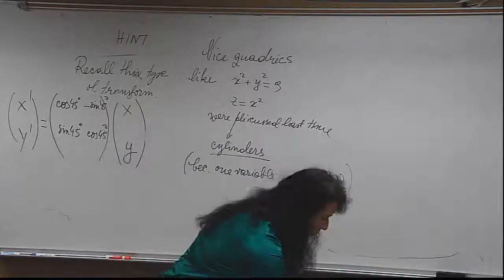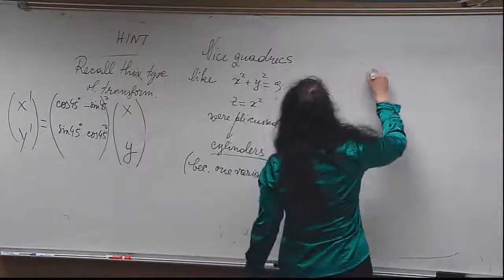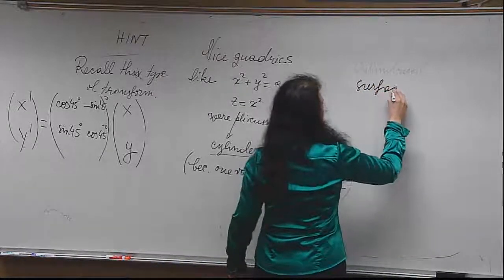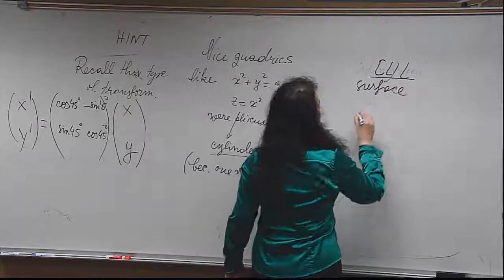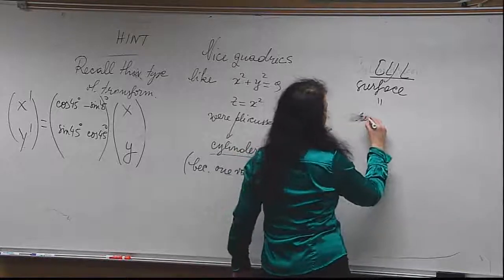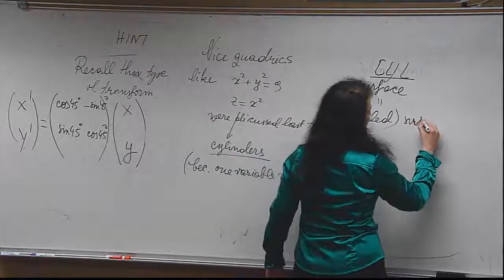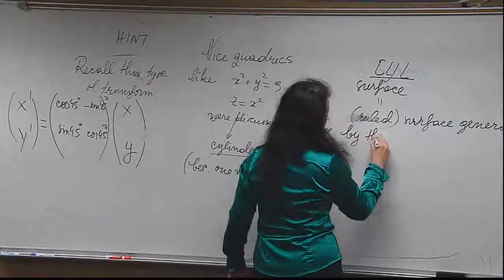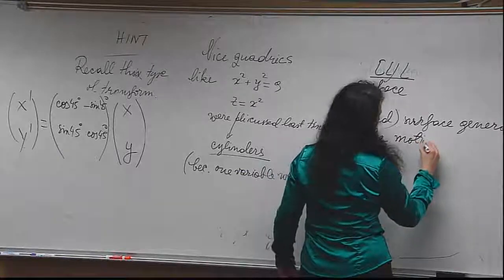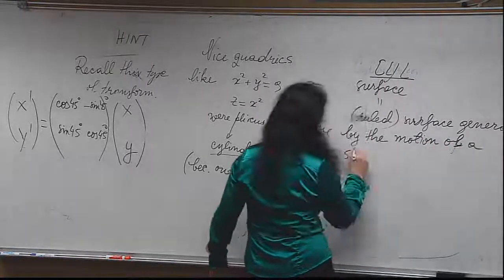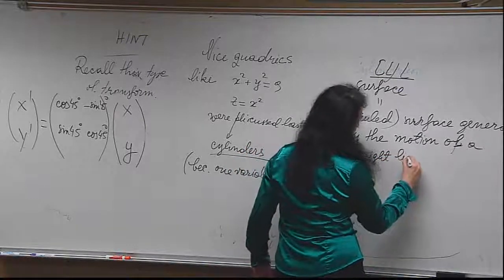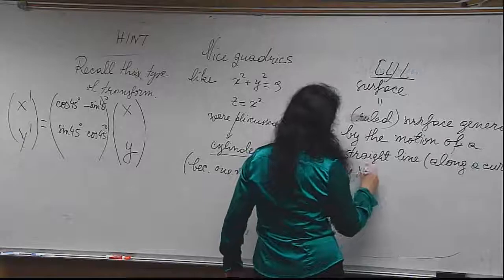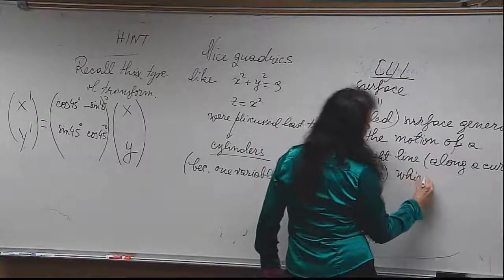Okay, so a cylindrical surface is a surface generated by the motion of a straight line along a curve, which remains parallel to itself.